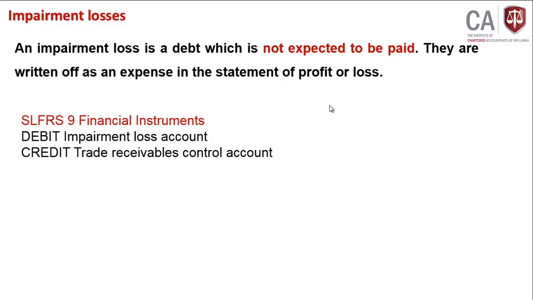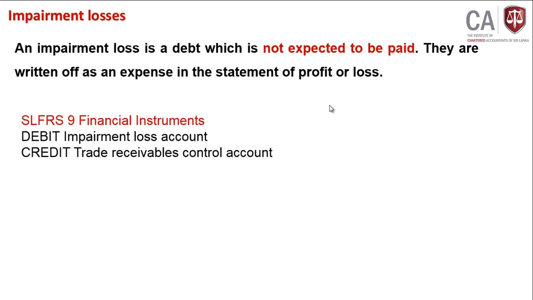Look at this slide. An impairment loss is a debt which is not expected to be paid. You are not expecting it to be paid back to the company. He will never pay me.